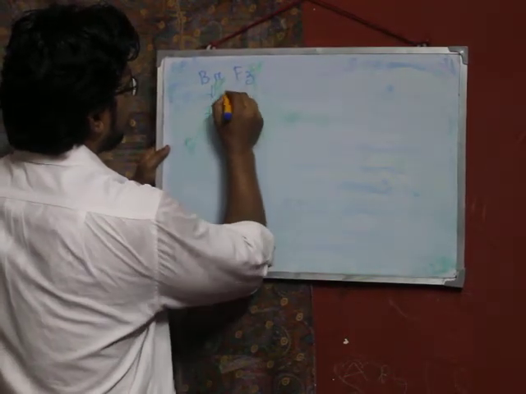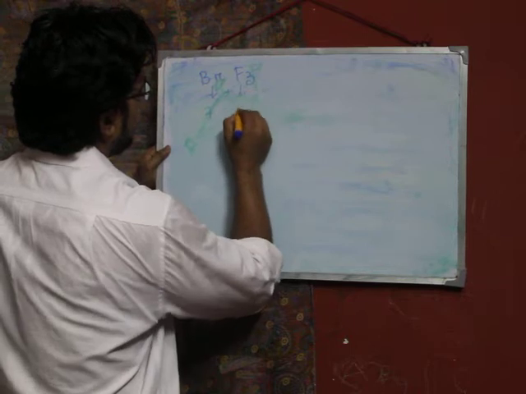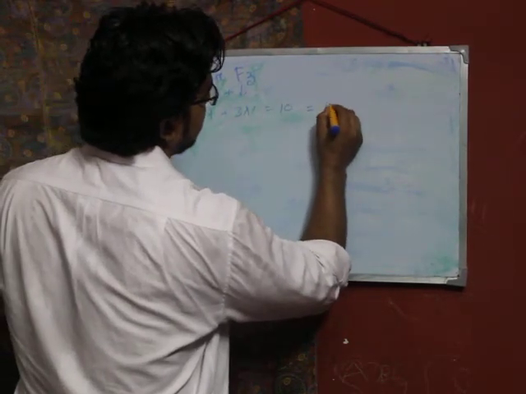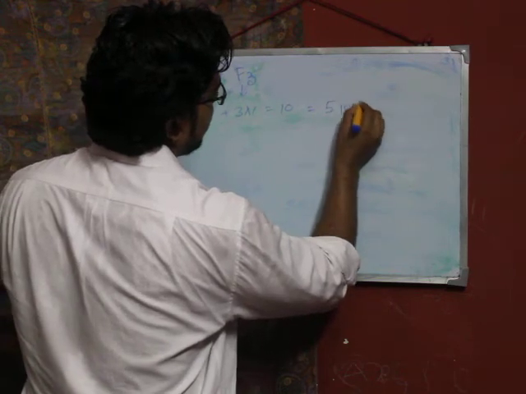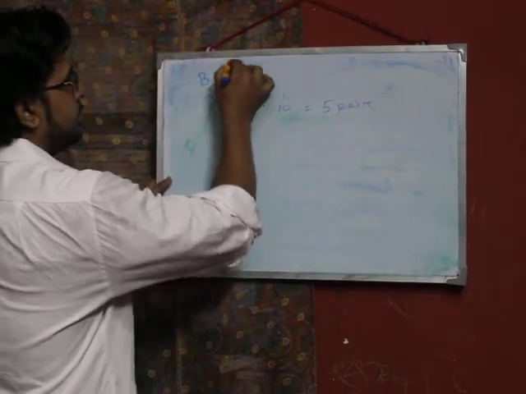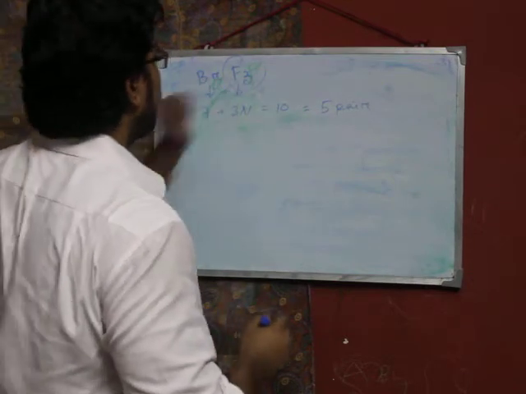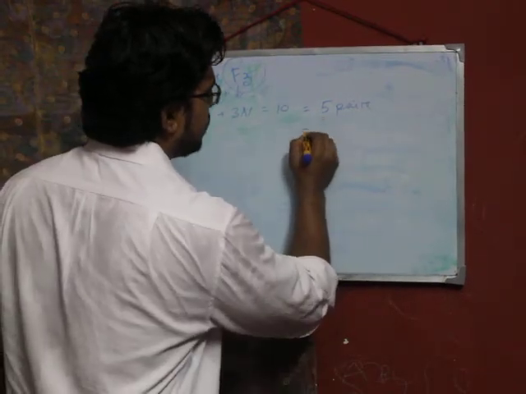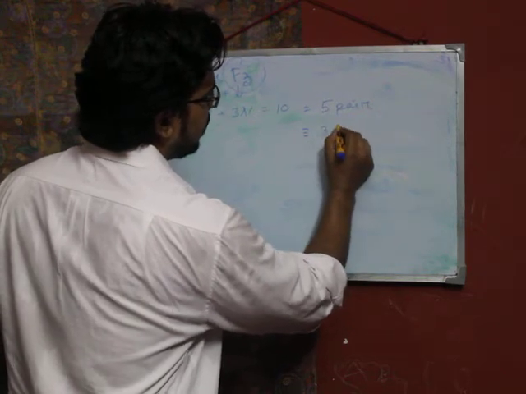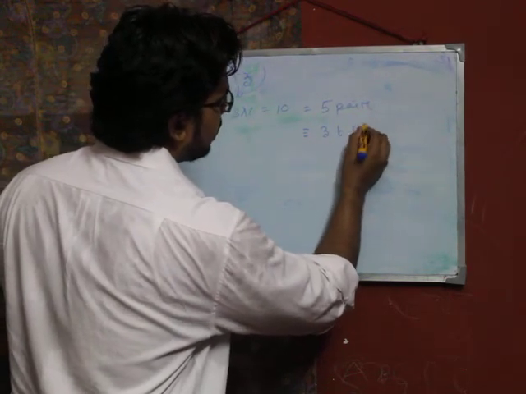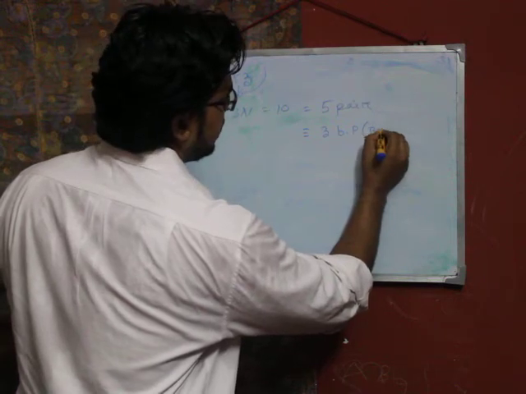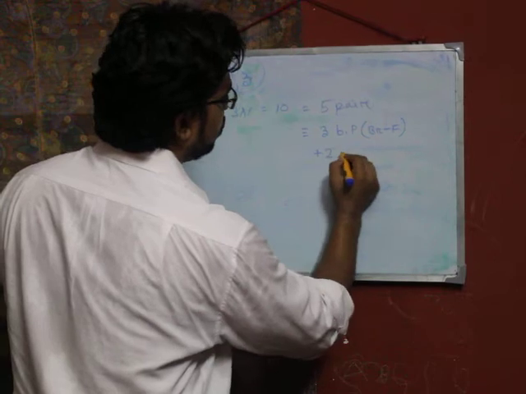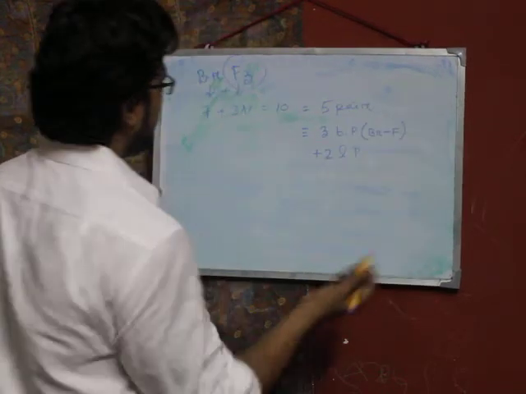Bromine gives 7 electrons and 3 fluorines give 3 into 1, that is 10. 10 means 5 pairs. 5 pairs means here 3 Br-F bonds form, that is 3 bond pairs, 3 Br-F bonds, plus 2 lone pairs. Now what is the structure?